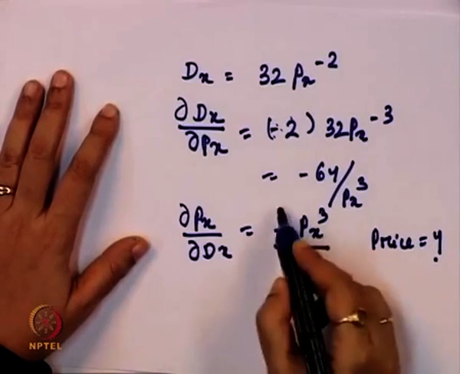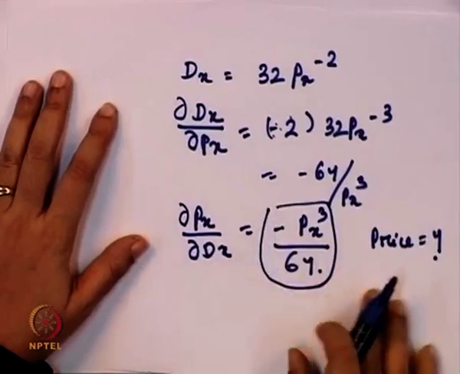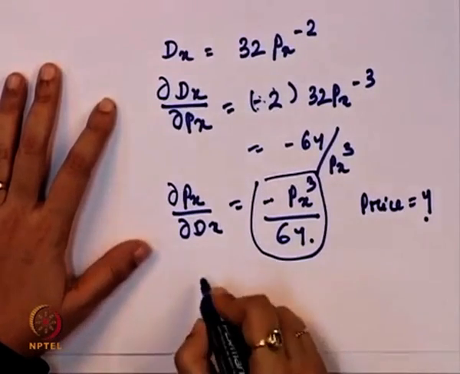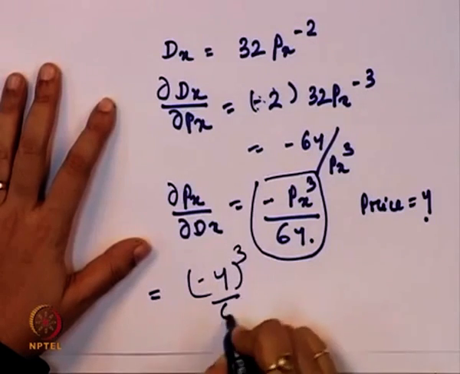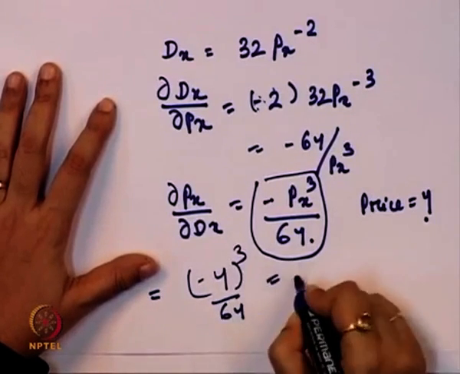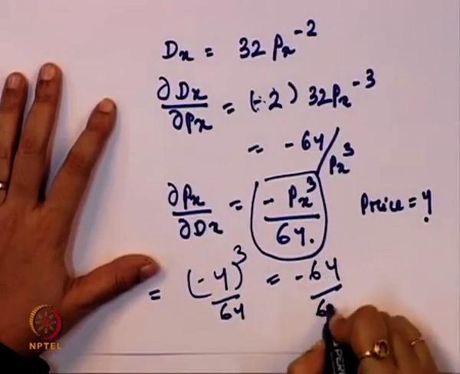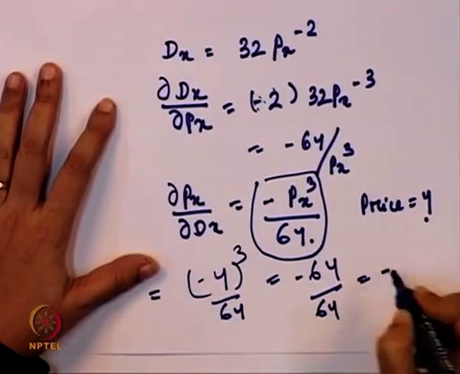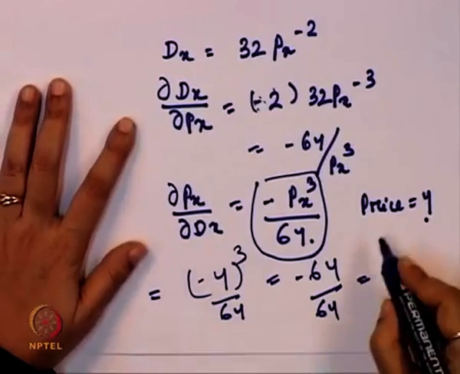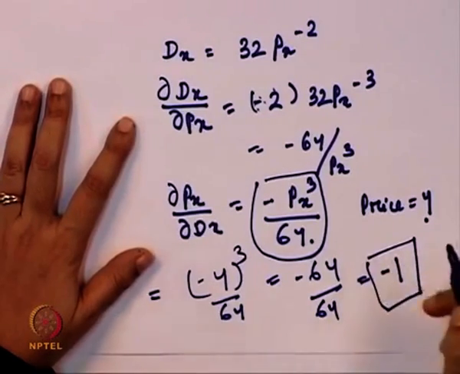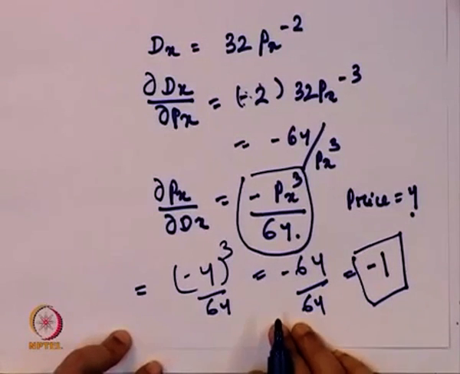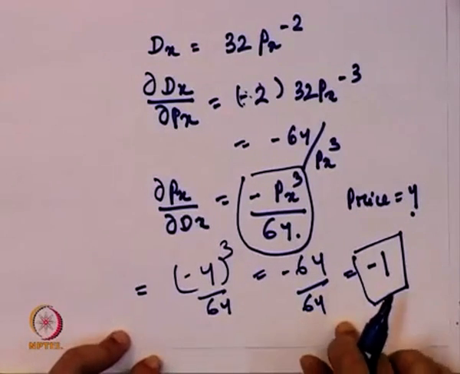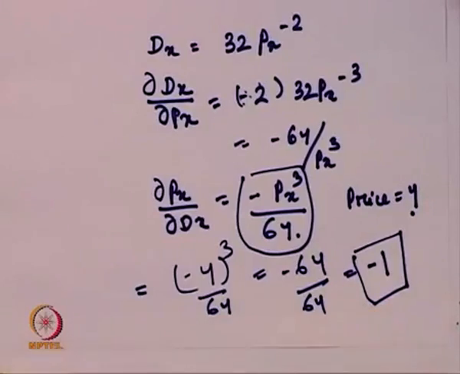What will be the value of this equation? That is minus 4 cube by 64. So, this is minus 64 by 64, which is equal to minus 1. So, the slope of the demand curve using the differential calculation method is minus 1.